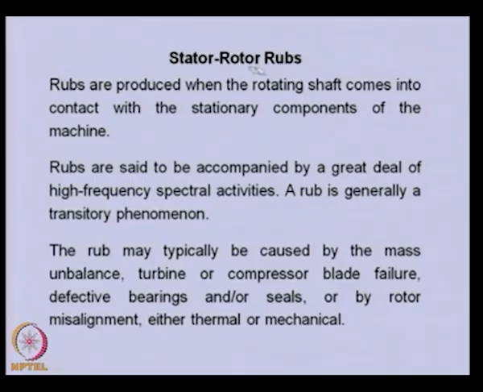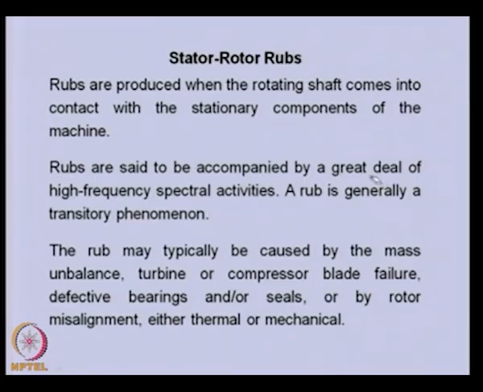When the rotor touches the stator, there will be rub, and this may reflect in the vibration signal. Rubs are produced when the rotating shaft comes into contact with the stationary component of the machine. Rubs are said to be accompanied by a great deal of high frequency spectral activity.